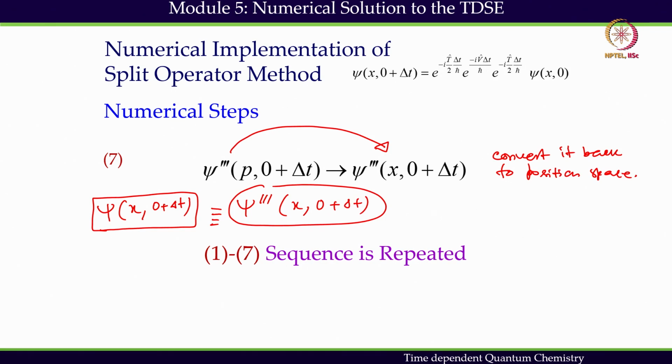and it is quite clear now that the entire step which I have presented right now, the 1 to 7 steps sequence, has to be repeated for getting my desired time. Why do I need to repeat?